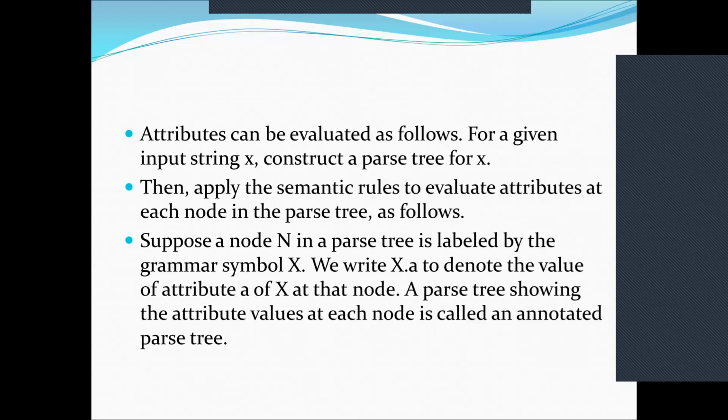The production is shown in the parse tree. But when the parse tree nodes are identified with their attributes, that becomes an annotated parse tree. So every node has its attribute, and that attribute is written as node.A.